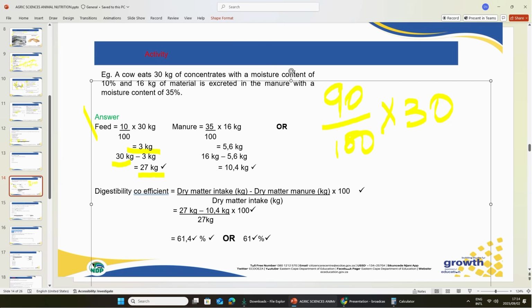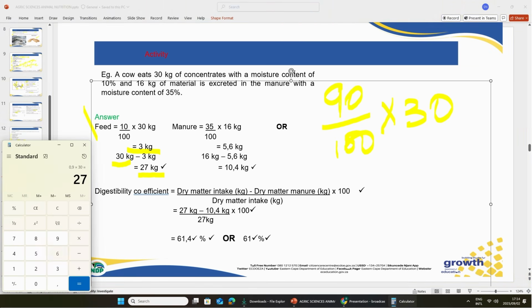And then the 35% moisture content. You get the difference of 35 from 100, and it is 65. 65 divided by 100 times 16 kg.